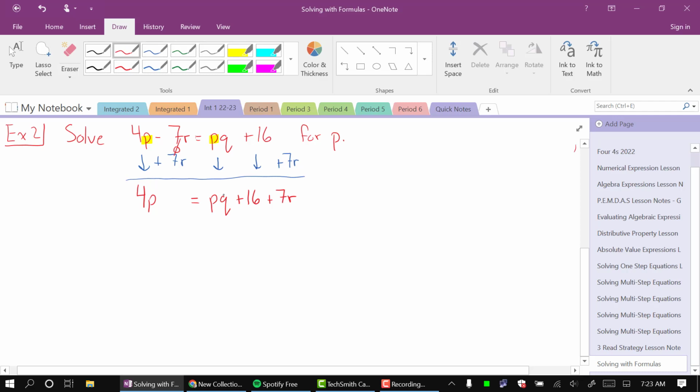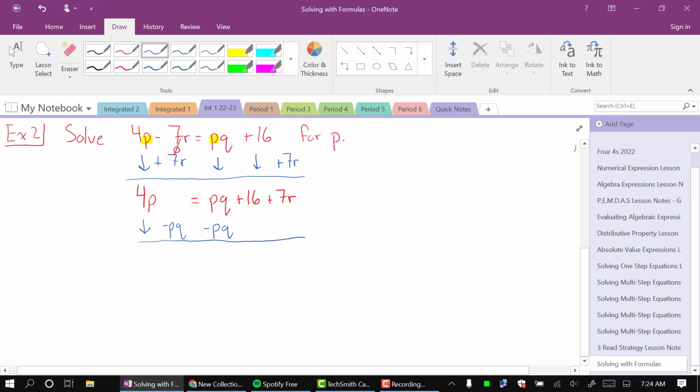So now I just need to get this over here. One way to get this over here is to undo what's happening on the right. What's happening on the right is we have a positive pq, so I'm going to subtract pq from both sides. Even though both of these terms have a p in it, they are not like terms. So that's why I'm putting pq in its own spot.